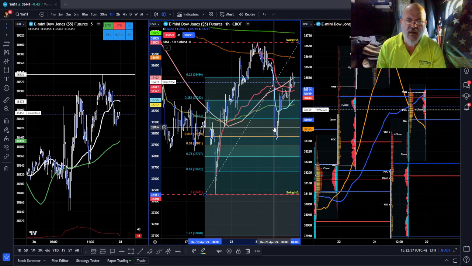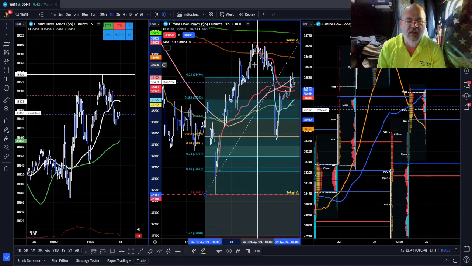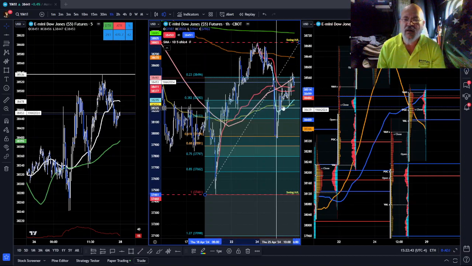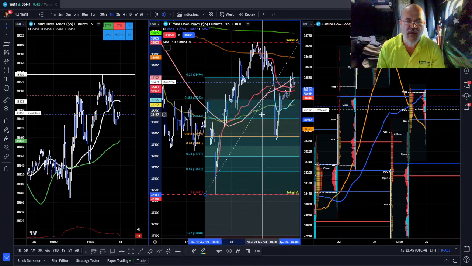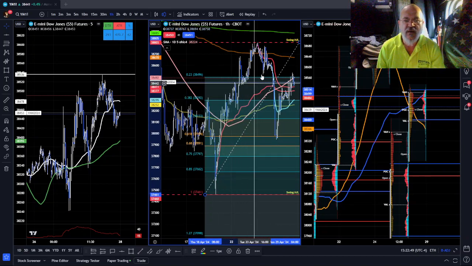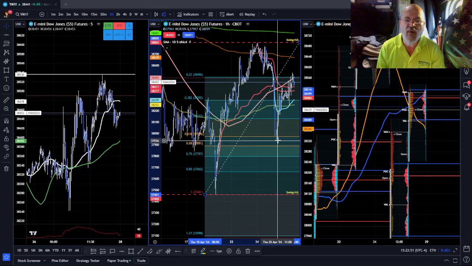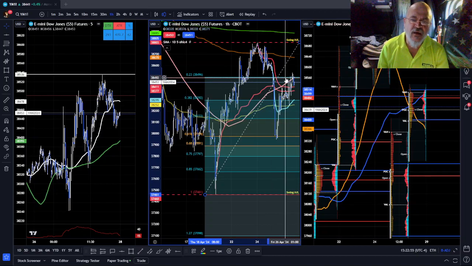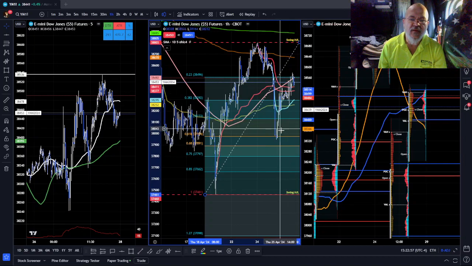And anything above the 50% is premium pricing. People are paying higher prices up here, discount pricing down here. So we went into discount pricing. Buyers saw a value here and took it back up, started buying in discount and drove it back up into premium.